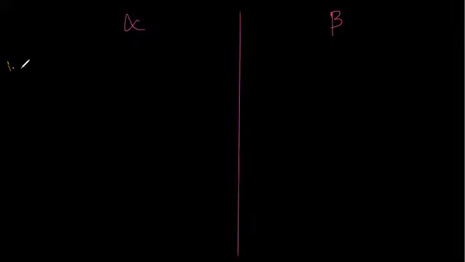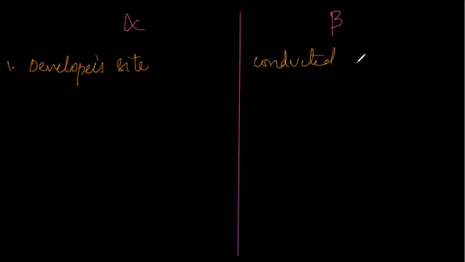And the first point in alpha and beta testing is that alpha testing is basically done at the developer's side. That is, the developer is going to test the system. Whereas beta testing is conducted at the end user side. That is, in the real-time environment, you're going to do this testing.